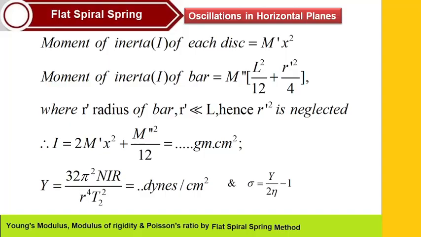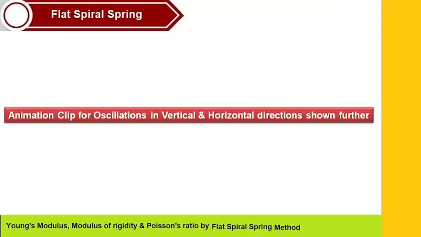So this is about the flat spiral spring experiment for determining Young's modulus, modulus of rigidity, and Poisson's ratio. Animation clip for oscillations in vertical and horizontal direction is shown further.